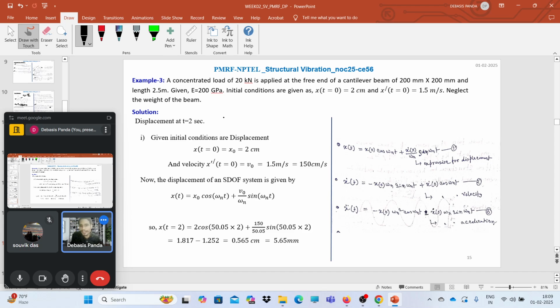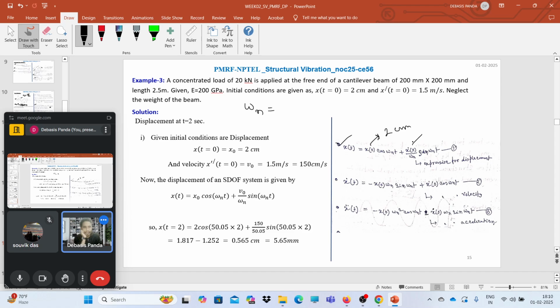Okay, great. So for t equals 2 seconds, we have already calculated omega n. We need to use the expression for displacement, and for the undamped free vibration case, x(t) is equal to x naught cos omega n t plus x dot naught by omega n sin omega n t, which we have just derived. X naught is the initial displacement, so 2 centimeter is provided.